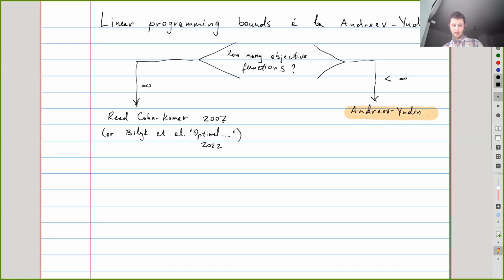You can work using 90s mathematics. So this is the state of the art as of the mid-90s, and these are the results due to Andreev and Yudin. This is the approach due to Andreev and Yudin, as Doug mentioned.